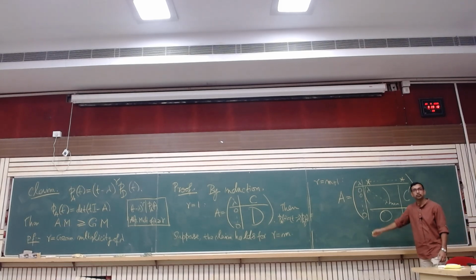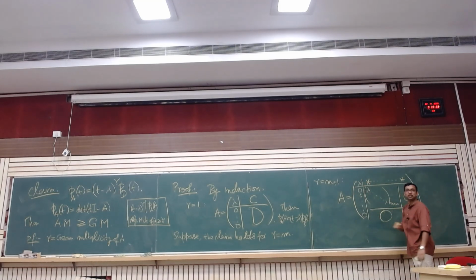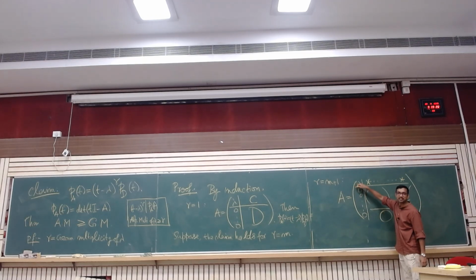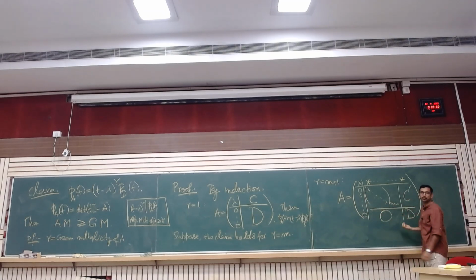And what are we going to do? For this one we have the induction hypothesis. So we just expand again along the first column. And then we have another factor T minus lambda coming from there. And this one we are done by the induction hypothesis.